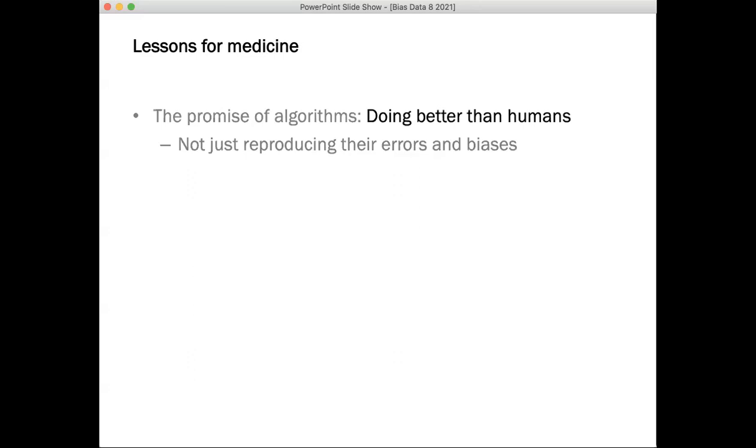So I want to leave a couple of minutes for questions at the end, but let me just wrap up by saying, why do we want algorithms in medicine? Well, we want to do better than humans. Humans are not perfect. We're pretty good, or at least those of us who trained as doctors think we're pretty good, but we're also very aware that we could be a lot better. And so what we want algorithms to do is not just reproduce our decisions and our biases and our errors, we want to do better.